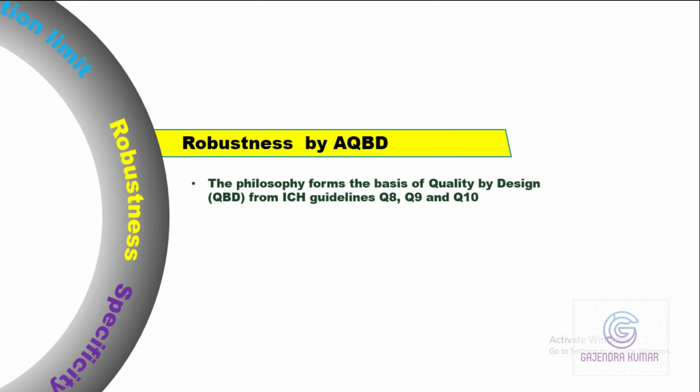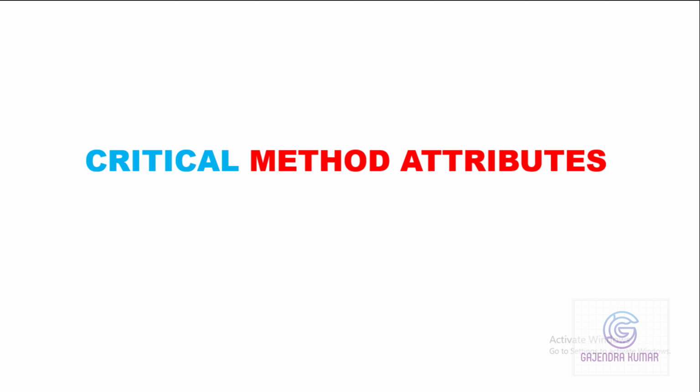To design robustness by applying the analytical QbD principles, you need to understand the principles of quality by design. The philosophy of quality by design is based on the ICH guidelines Q8, Q9 and Q10. In order to plan robustness by applying the quality by design principle, you need to identify the critical method attributes.